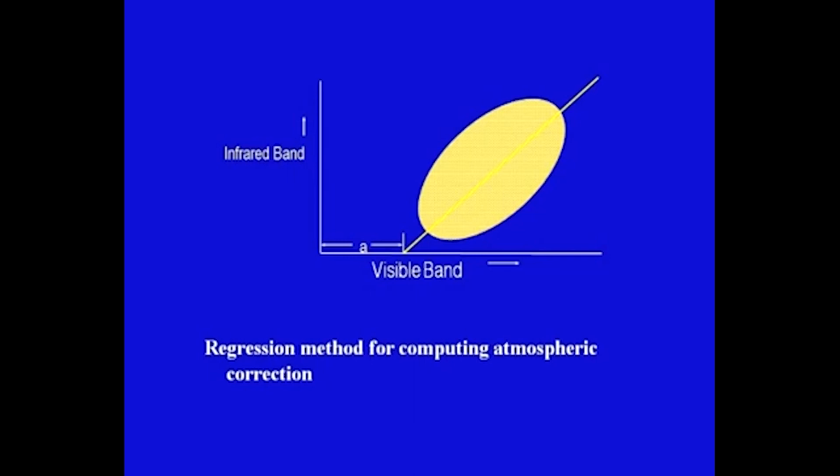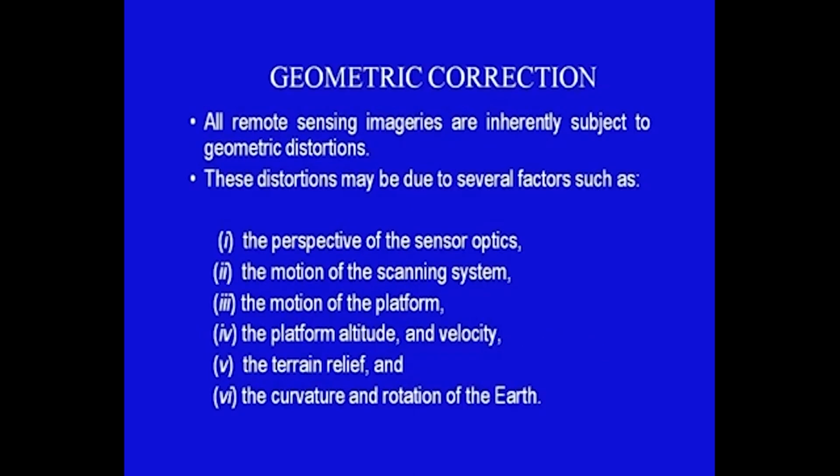Having done the radiometric corrections, now the geometric corrections have to be performed. It has been observed that all remote sensing imageries are inherently subjected to geometric distortions.